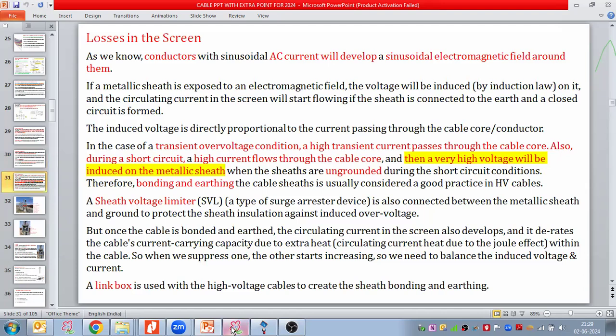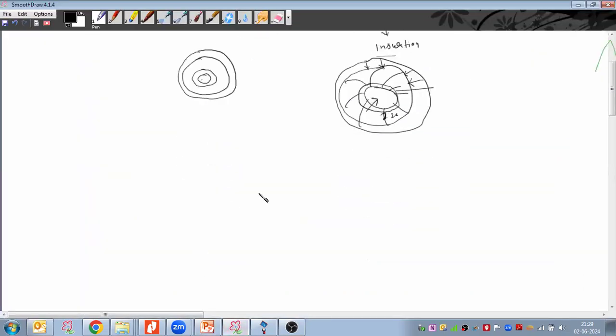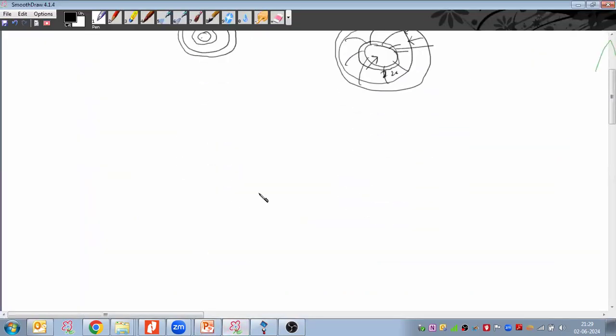So now the point is that, here we have the conductor, on which we are applying the voltage, and current is flowing. Suppose 220 kV voltage is applied, and there is load current flowing through the cable conductor. So what will happen?